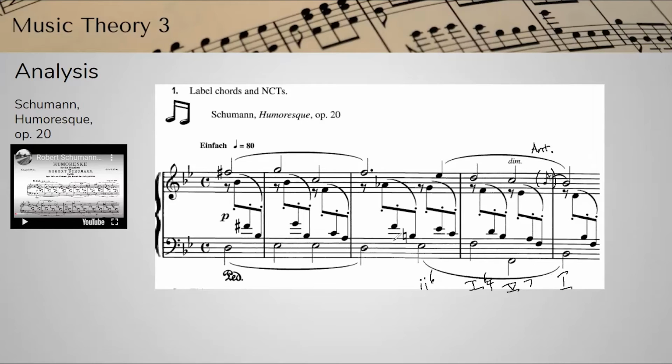Okay, now we get into the chromatic chord. So let's look at the chord that precedes this 2-6 chord. So we have a D in the bass. It looks like the next note up from that D would be an F. So I'm going to write this out on the staff. So we have D, F. The next note up would be an A flat, which is up here in the right hand.